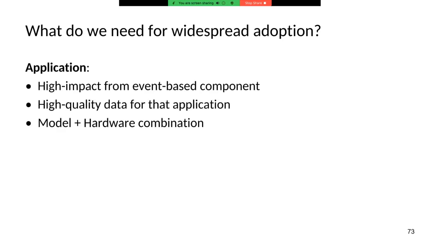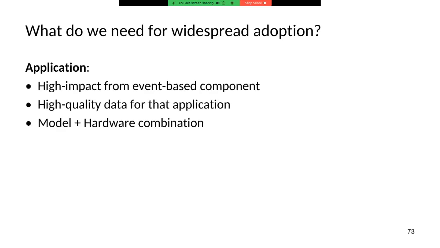So finally, I hinted at this in the abstract of the talk. What do we need for widespread adoption of event cameras? This is, of course, a very difficult question to answer, and I'm only, again, giving my biased opinions, which may or may not be true. So one point is application.